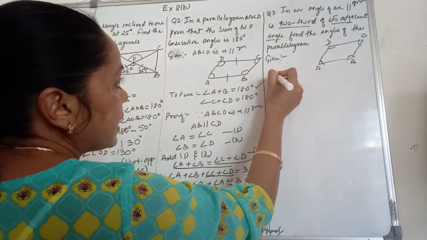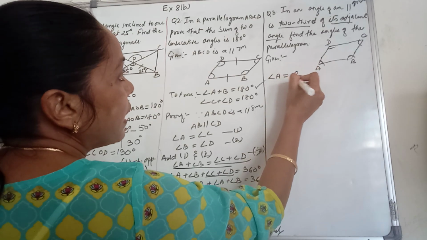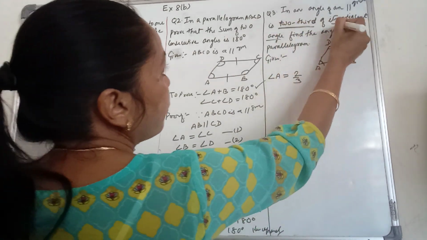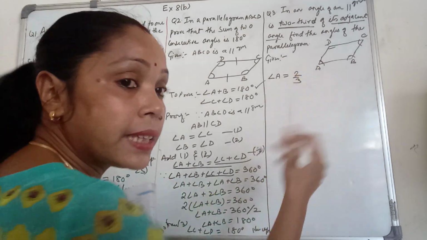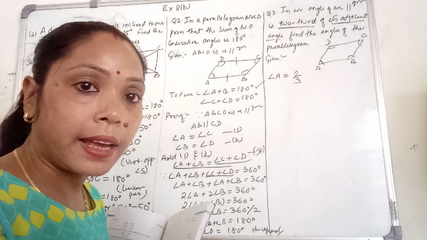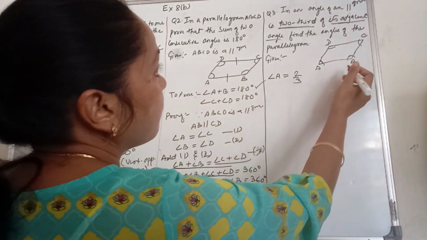So you can write angle A is equal to 2/3 of its adjacent angle. What is the adjacent angle of angle A? Which one?